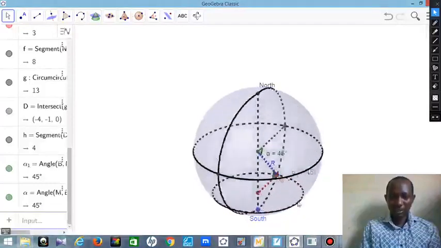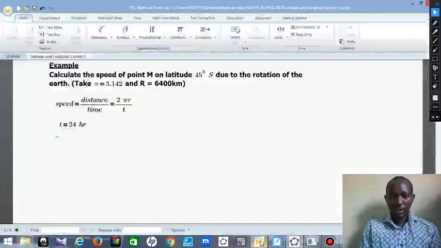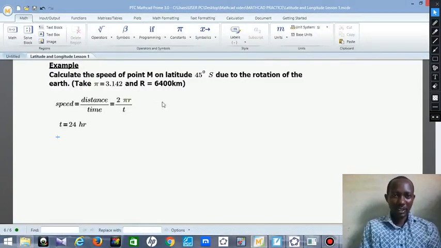Since this question is on a single rotation, when the Earth rotates once, it takes 24 hours for M to go around the orbit and complete one rotation. So T is going to be 24 hours.